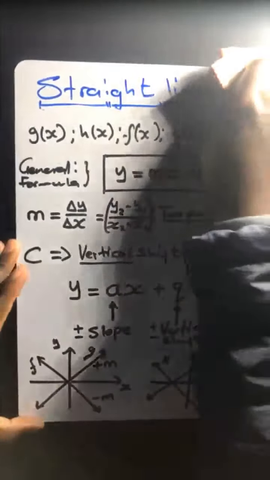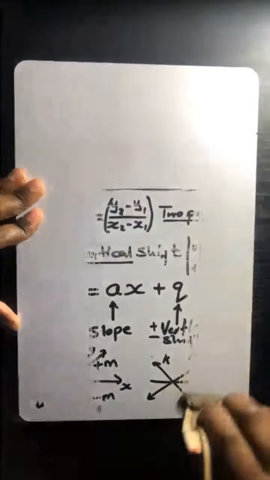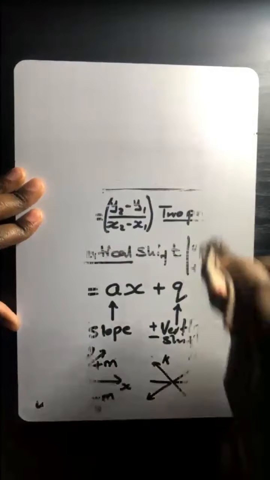So I'm just going to remove all of that and try to explain all that you need to know regarding what we call a parabola. Parabola is the type of function that we will be talking about.